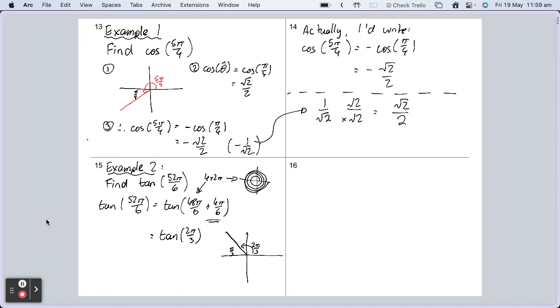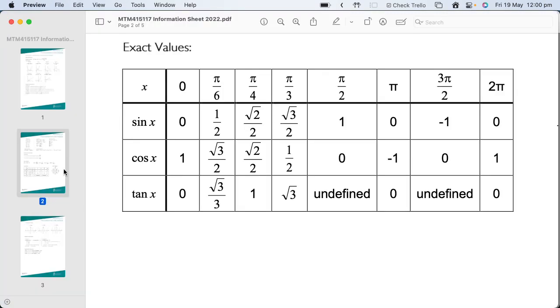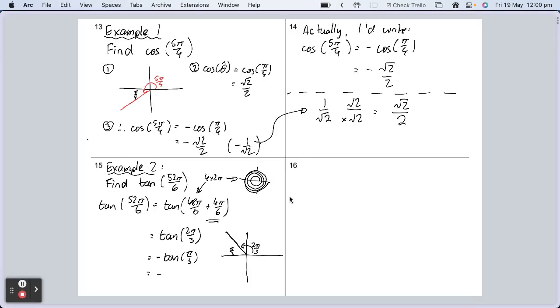So tan of 2 pi on 3 is equal to the tan of pi on 3, the acute angle, and I'm in the second quadrant, which is where the gradient is negative, and therefore the value is going to be negative, and tan of pi on 3 is root 3. So I get negative root 3 and I am done.